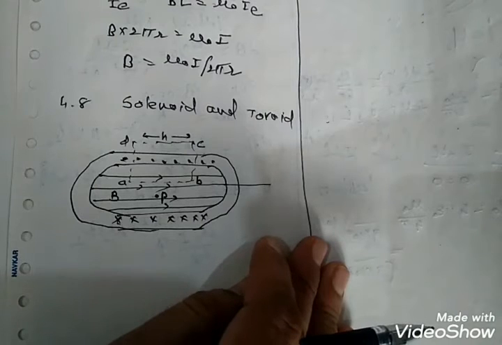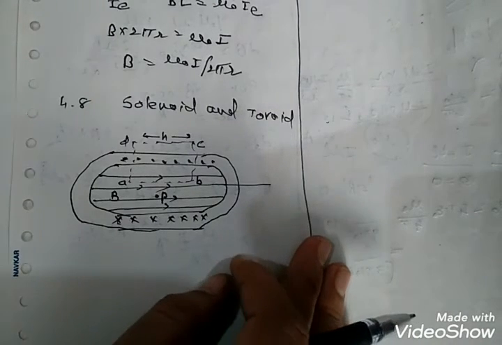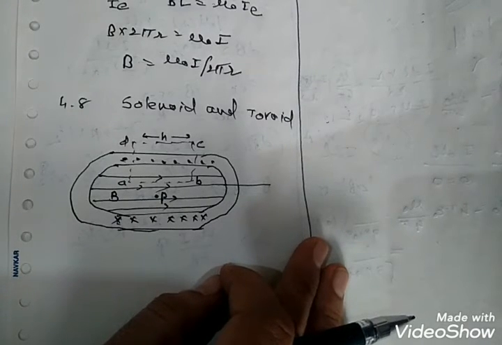Now the magnetic field of a very long solenoid. We shall assume that the field outside is zero. The field inside becomes everywhere parallel to the axis.